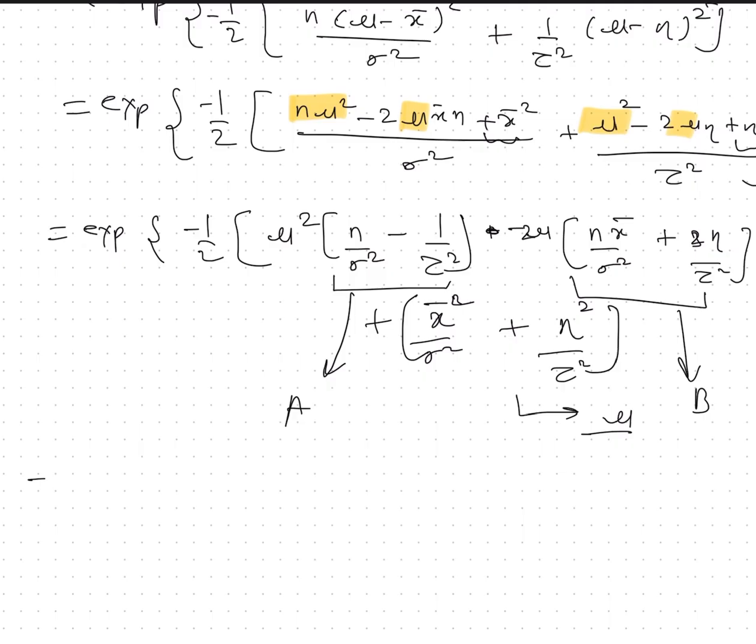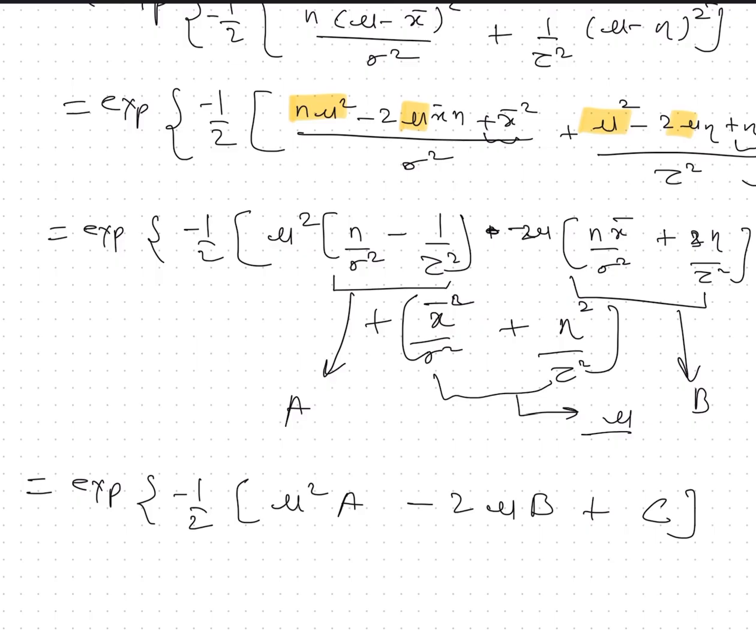So rewriting these terms again, we have exponential of minus 1 upon 2 times mu square, writing this as a, so we have a minus twice mu b, plus something constant, let's call it c. So this is our constant, we are writing this as c.